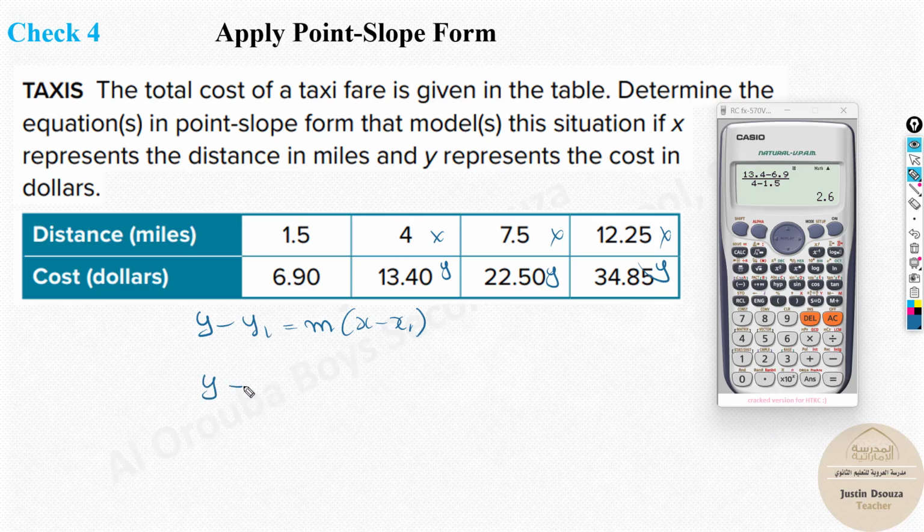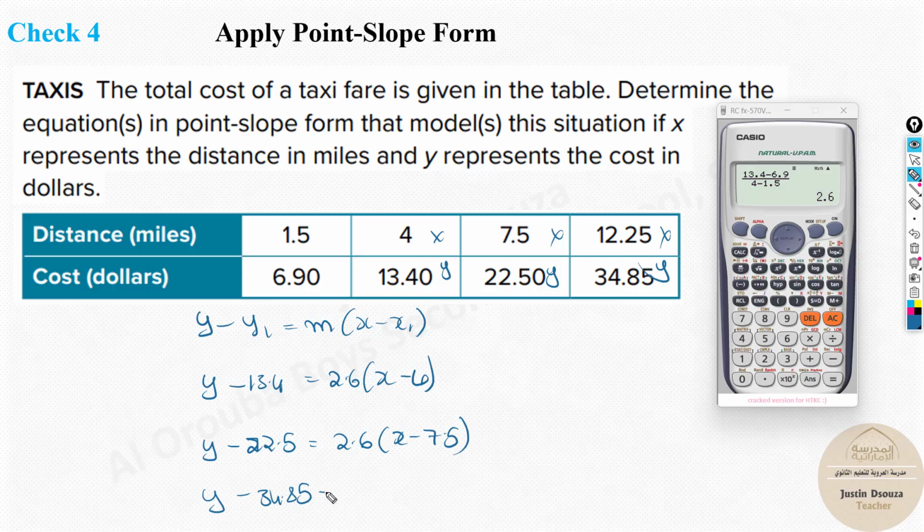Now here, y minus 13.4 equals 2.6 into x minus 4. Next, choose these values: y minus 22.5 equals 2.6 into x minus 7.5. And again, last, y minus 34.85 equals 2.6 into x minus 12.25.